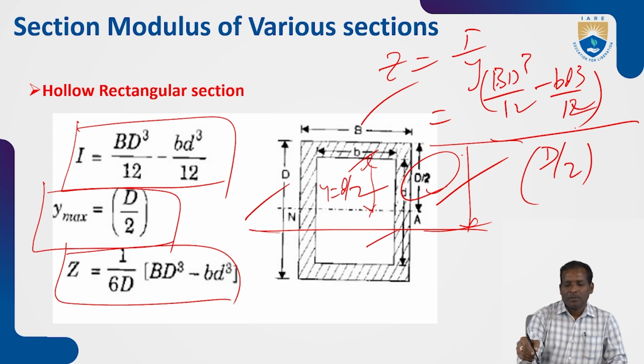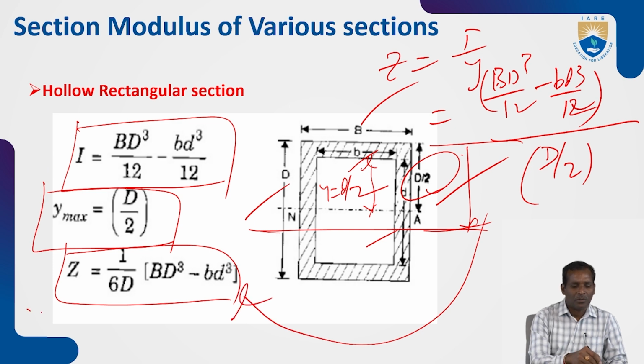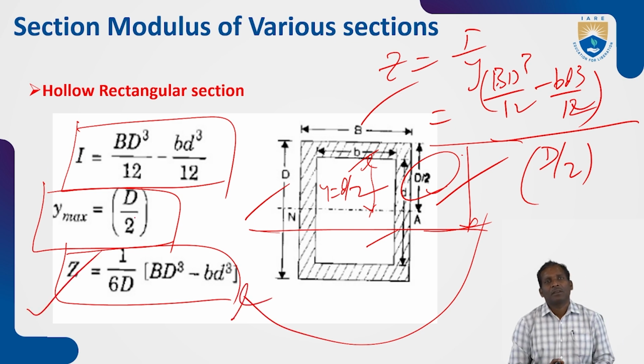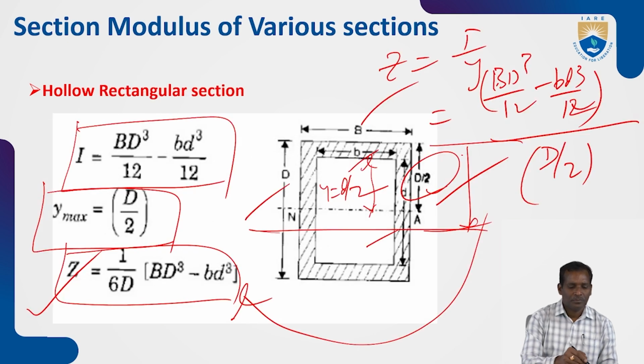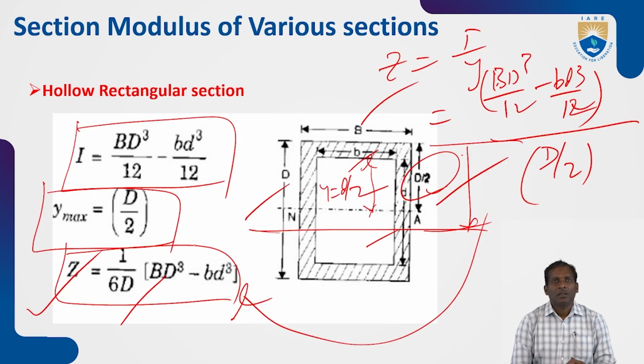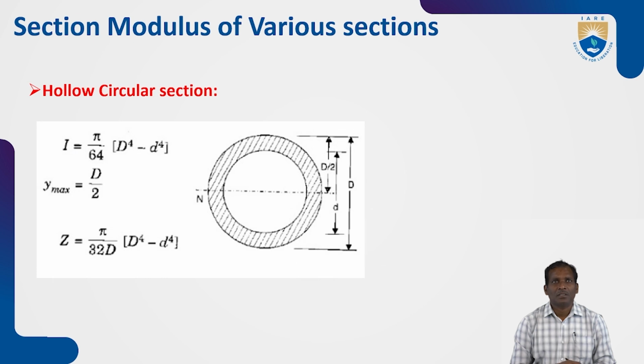Clear? So here, after simplification, write down this equation: the Z is equal to 1 by 6D into BD cubed minus small bd cubed. So these B and D are the dimensions of the section. Clear?